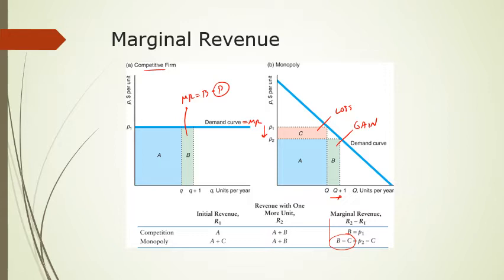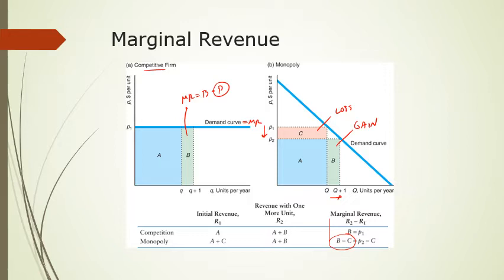Well, monopolies have downward sloping demands, so for them to increase sales by 1, they have to drop the price to do it. That gives them an area of gain and loss of revenue. Initially, the revenue is C plus A, and then after the change in price, it's A plus B. So B is the gain and C is the loss.